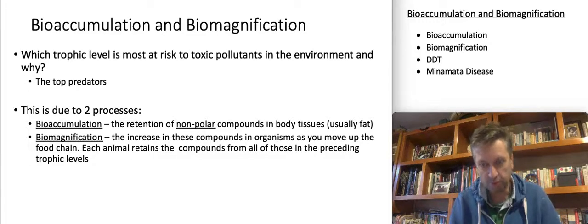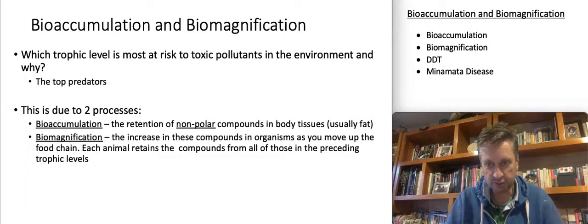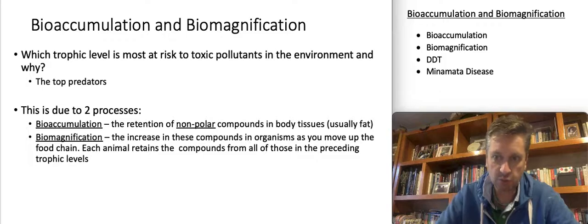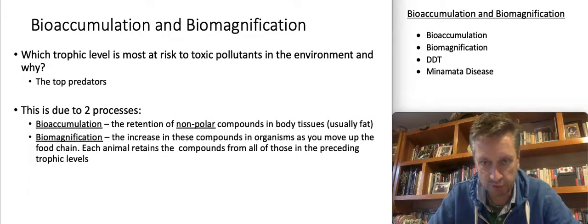The non-polar compounds that are then in the fat of the primary consumers move to the secondary consumers through predation, and so on until you get to the top trophic levels, 5 or 6.